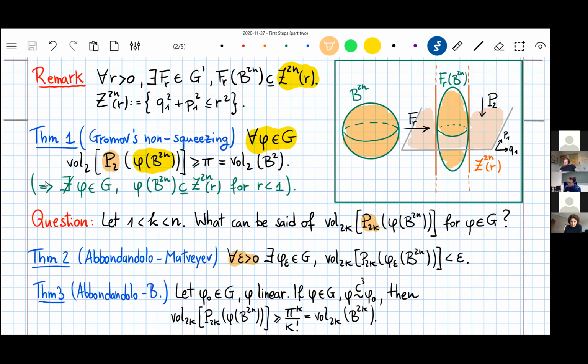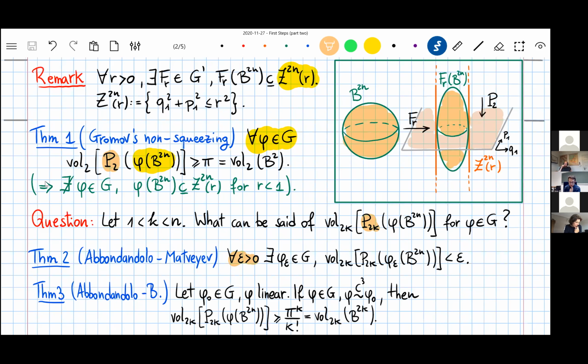This map phi_epsilon was constructed by Abbondandolo and Matveyev, I think using some arguments also by Larry Guth. It's a map that folds the ball a lot, in a very wild way.